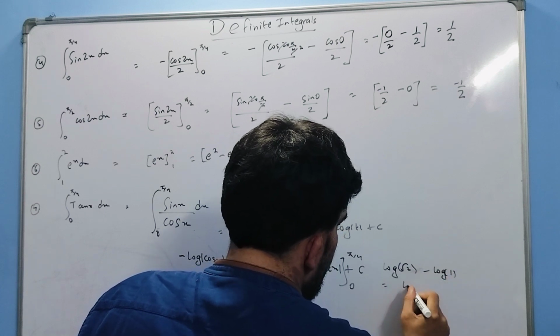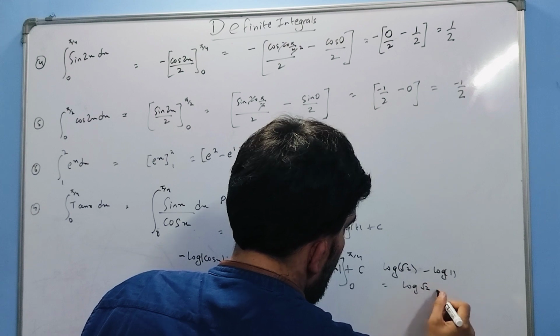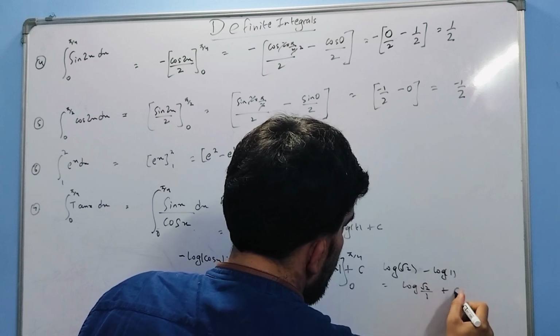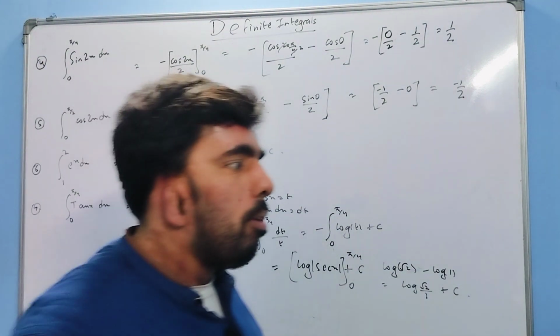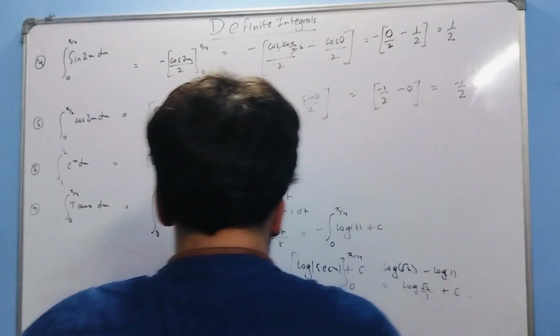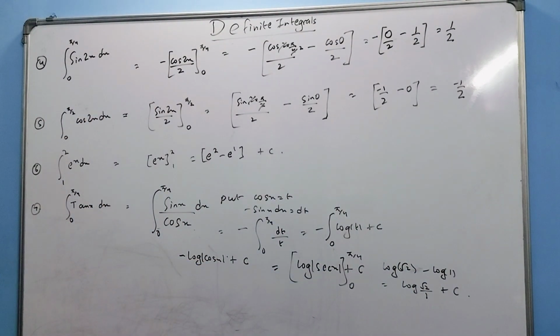So I can write log root 2 upon 1. Okay, so that is how we can easily find the definite integral.